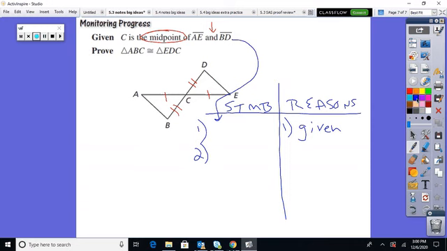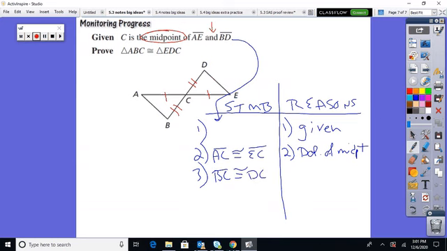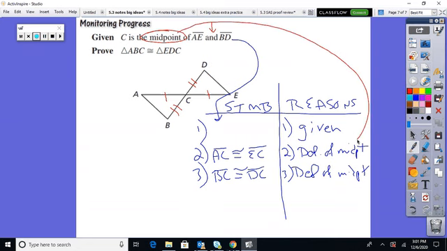So our first one, we're going to say AC, in no particular order on these two, AC congruent to EC, definition of midpoint, and BC congruent to DC, also by definition of midpoint. So they set it up here a couple times, so you're going to bring it down here a couple times, thanks to the word and.